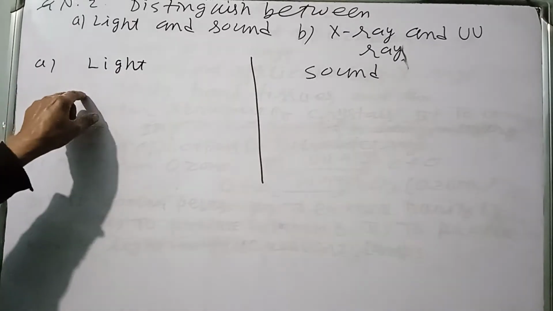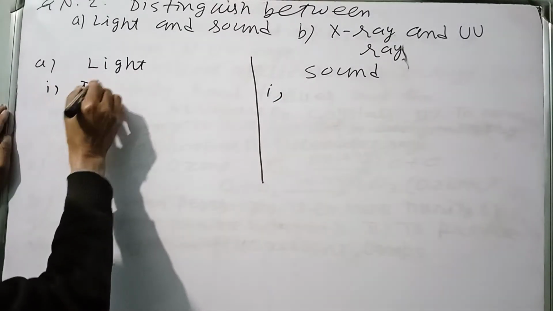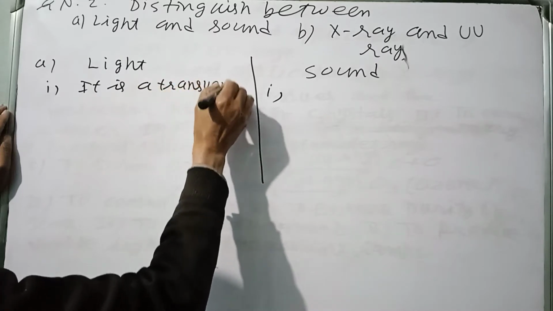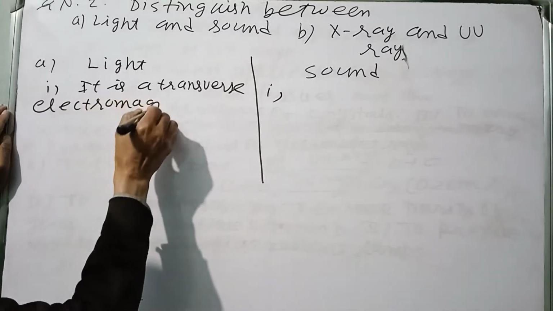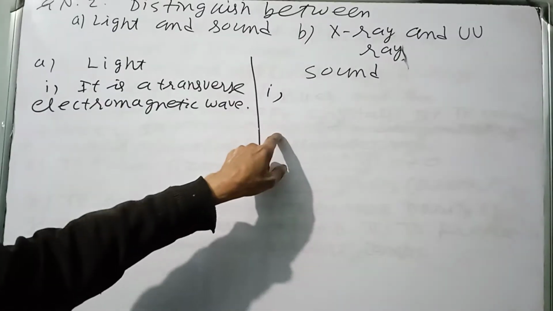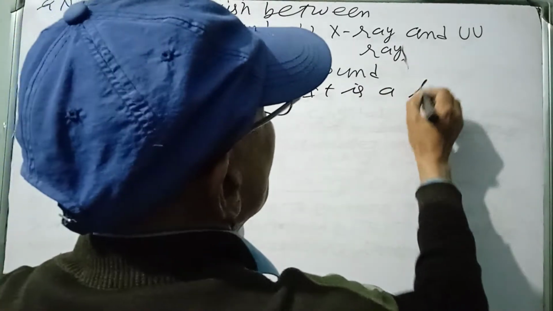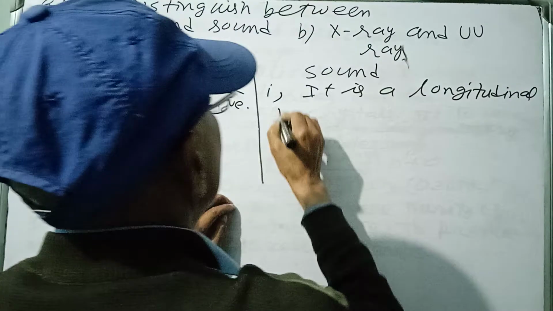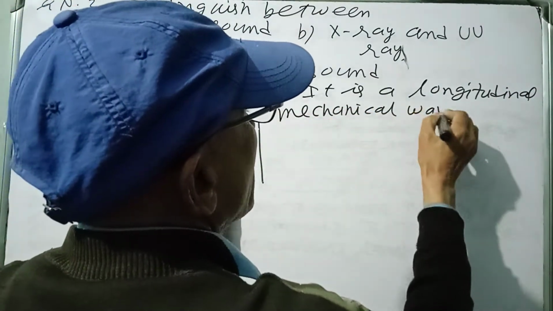Number 1, what is the main difference between light wave and sound wave? Light is a transverse electromagnetic wave.